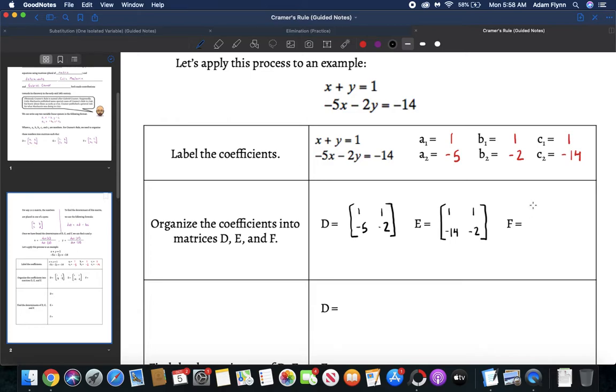And for my F matrix, as I like to call it, I have A's in my first column, so 1 and -5. And I have my C's in my right-hand column, so 1 and -14.